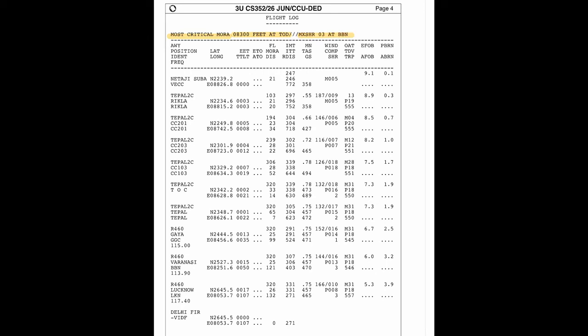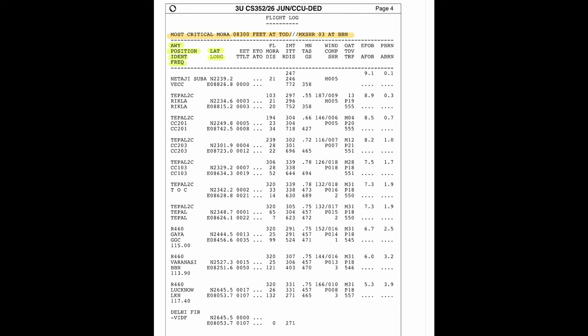Shear value means the wind difference between the wind component 2000 feet above the aircraft and 2000 feet below the aircraft. This is the airway, the position of the aircraft, the identifier of the position, and the frequency of that position.